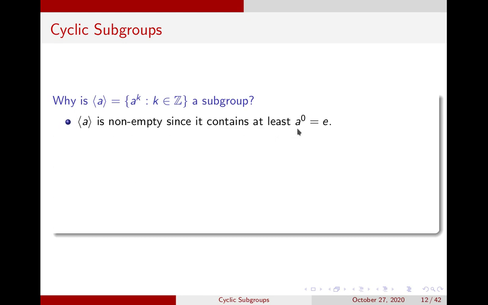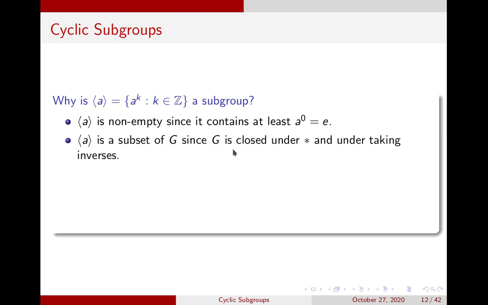At the very least, it contains a to the 0, which is the identity or neutral element of the bigger group G. It is a subset of G. This is because G is closed under the operation star and under taking inverses. So if you do that any number of times with an element a to get an element of the cyclic subgroup generated by a, you end up with something that's still in G.